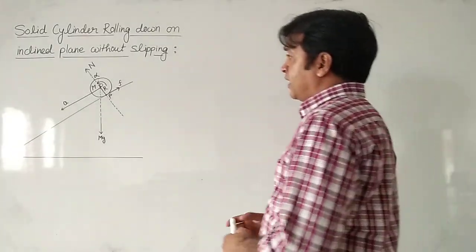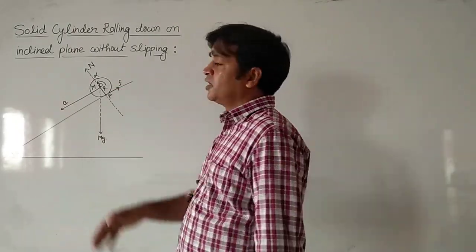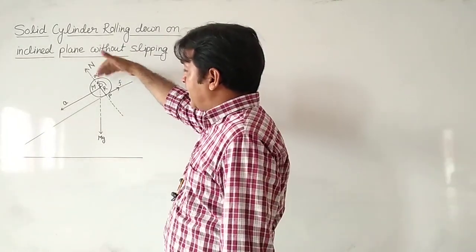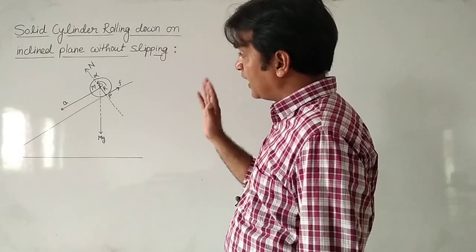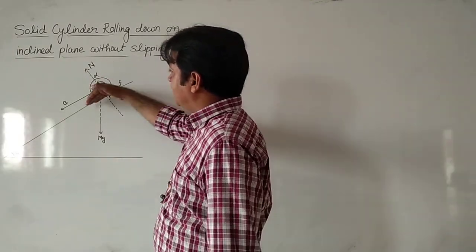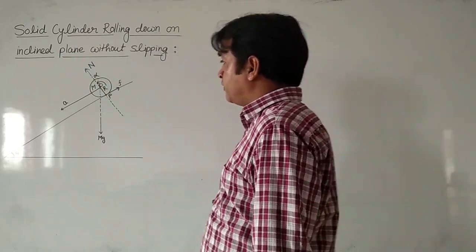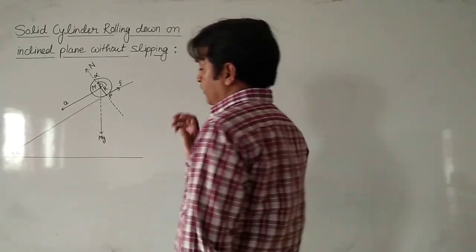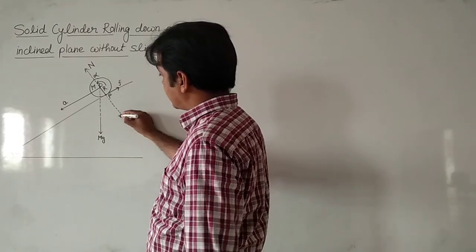Now again we calculate the forces during the rolling of the cylinder on the inclined plane. The weight of the cylinder is vertically downward, and the normal direction between the surface of the cylinder and the inclined plane is this side. So we divide the weight force into components.